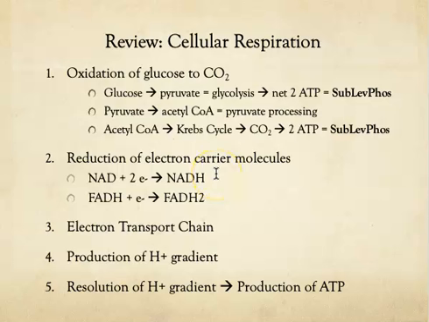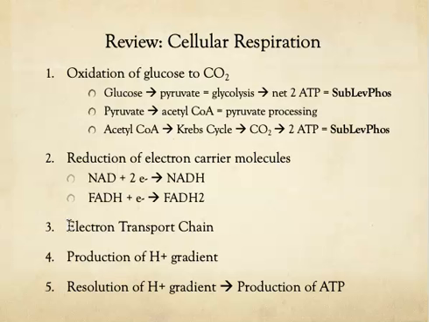Now, this whole process does not end at this point because we still haven't made the ATP. The ATP gets made through oxidative phosphorylation. These electron carriers are now going to be oxidized. They are going to lose the electrons that they're carrying into the electron transport chain.